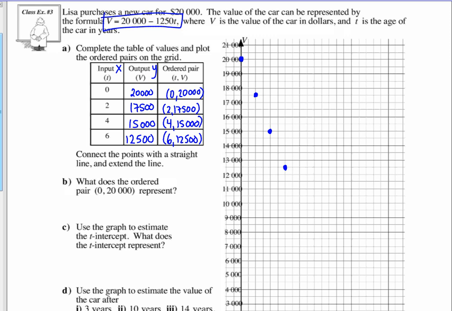And it says connect the points with a straight line. Does anyone need a straight edge? You want one? Put your hand up. I'll bring you one. Okay, connect those points.